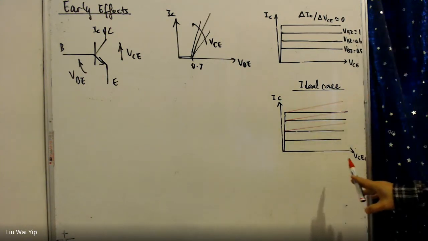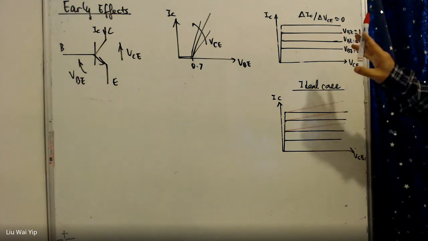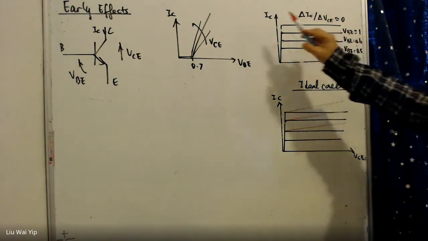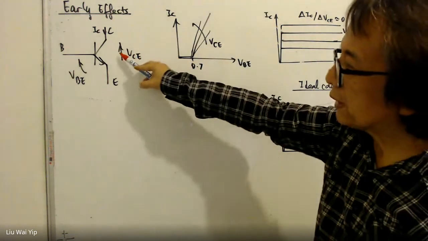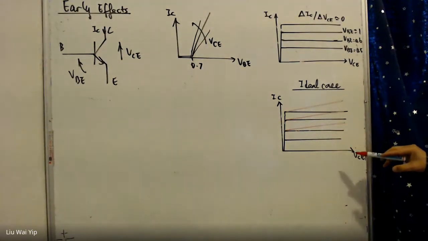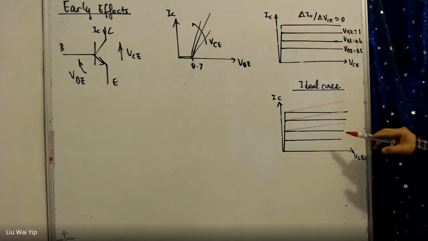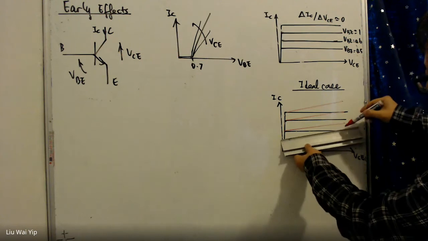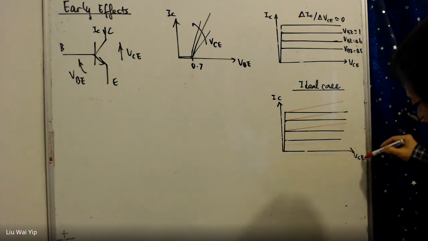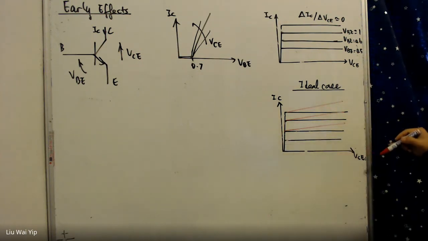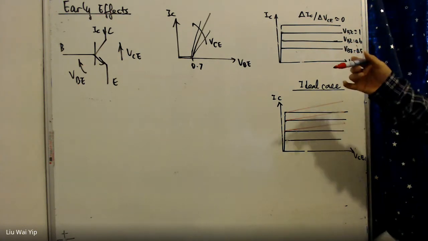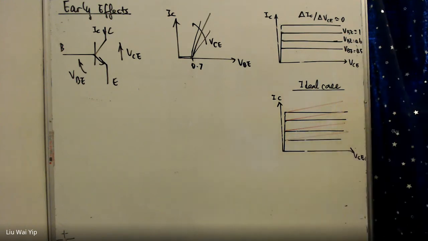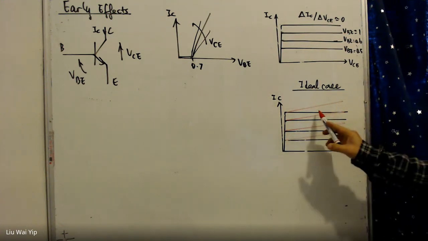So in other words, unlike the ideal case, where no matter what sort of voltage you have in VCE the current is flat, they have a so-called Early effect, and this is the non-ideal effect. And the higher the VCE voltage you have, it's just like a resistor. You end up with higher collector current.